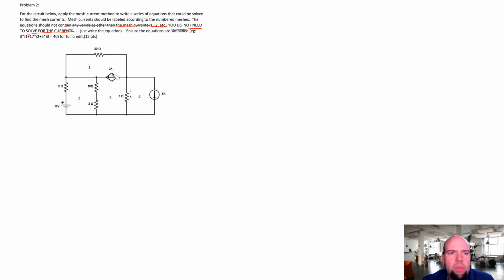So let's analyze this the same way we would any other mesh current. So we got our meshes here. A couple things to note when we draw these meshes is, well, mesh 4 here is just 5 amps. So immediately we know that I4 equals 5 amps.